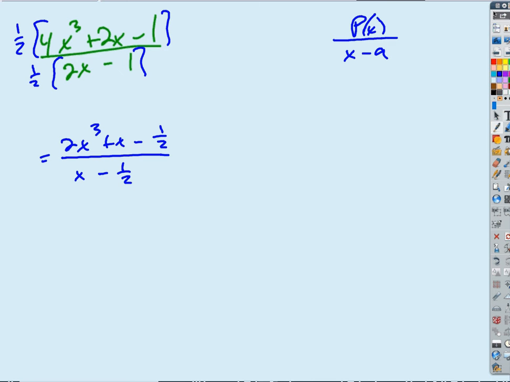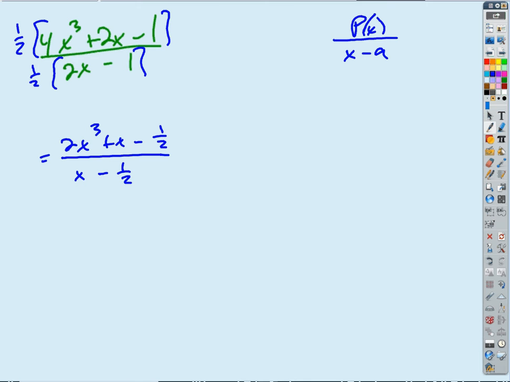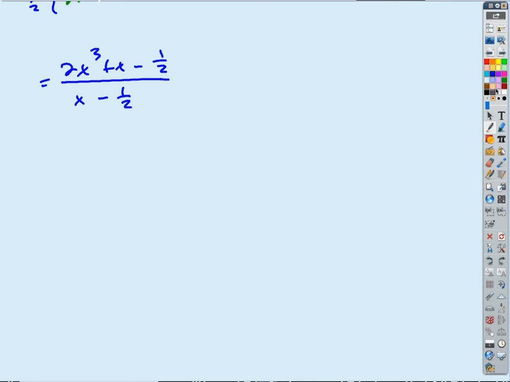So if I were going to use my synthetic template, what do we end up with here? So my synthetic template is going to look like, what are my coefficients? 2, 0, 1, negative 1/2. What's my zero of the denominator?